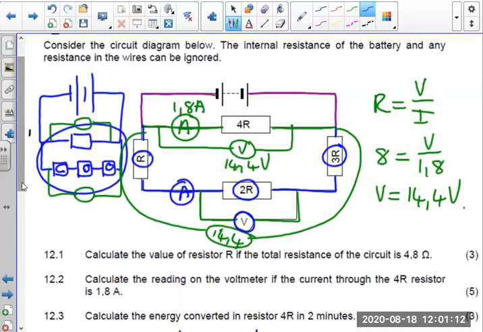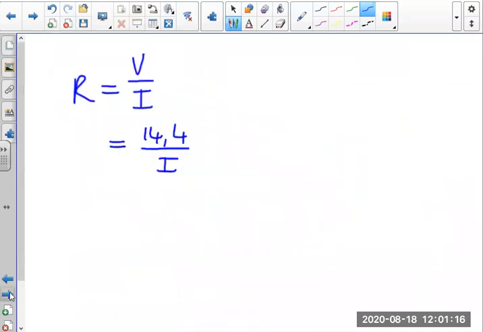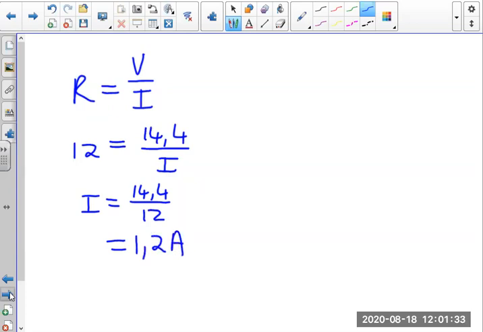But 1R is 2, so 6 times 2 is 12. So I'm going to put in 12. So the current is going to be 14.4 divided by 12. If I take that 14.4 divided by 12, I get a current of 1.2 amps. So that's the current in that line.